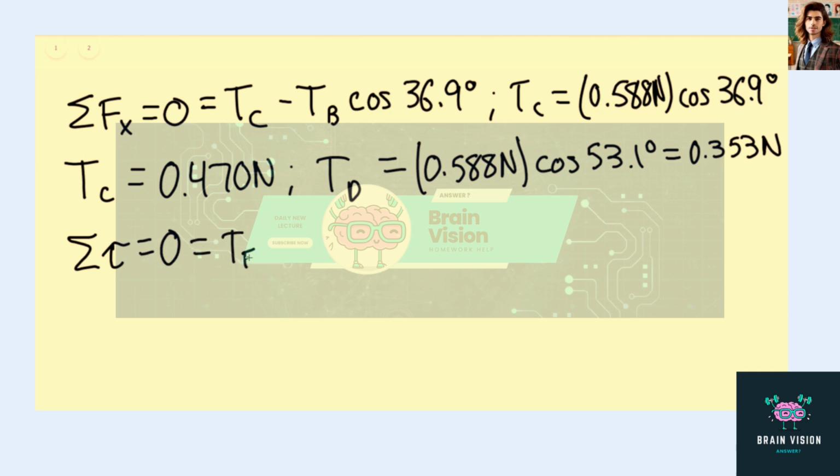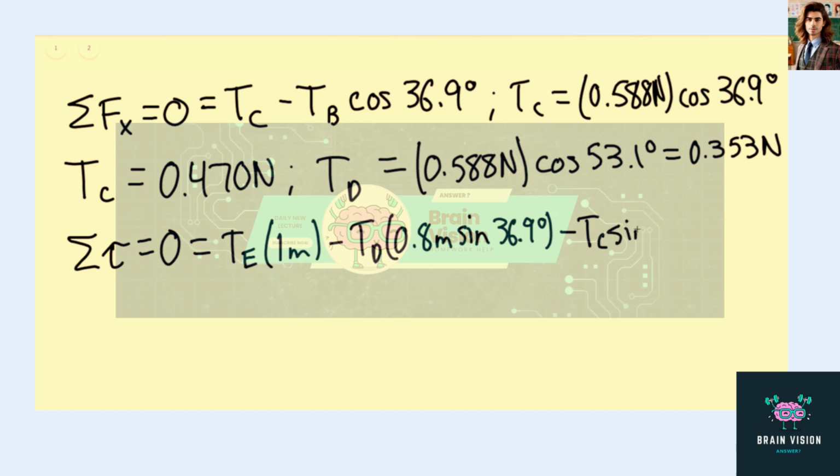And this would be T sub E times 1 meter minus T sub D times 0.8 meters, sine of 36.9 degrees, and then minus T sub C, again, sine of 53.1 degrees, times 0.2 meters, minus mgl over 2, so essentially the weight.